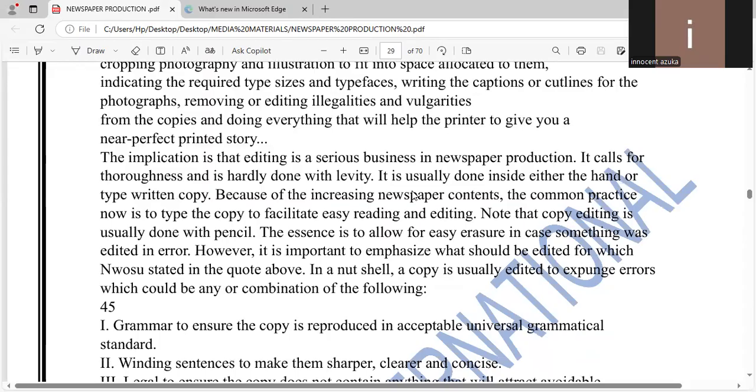So a copy is usually edited to expunge errors, which could be any or a combination of the following.